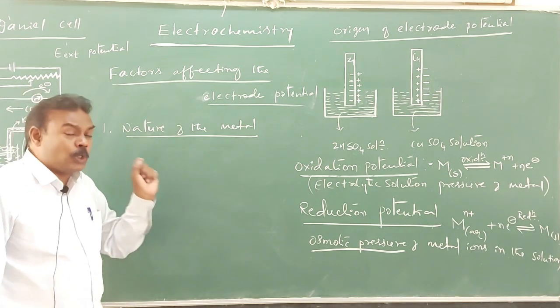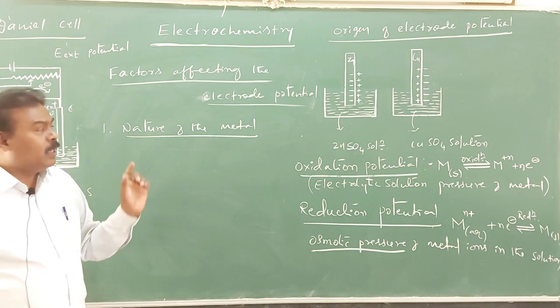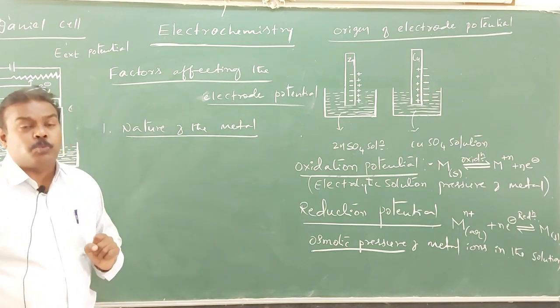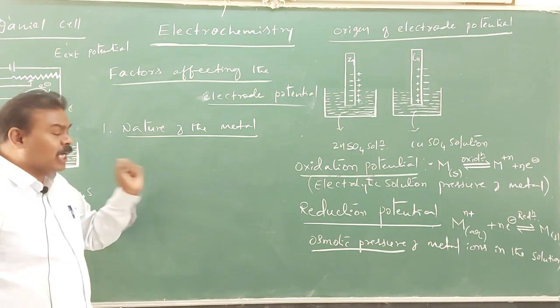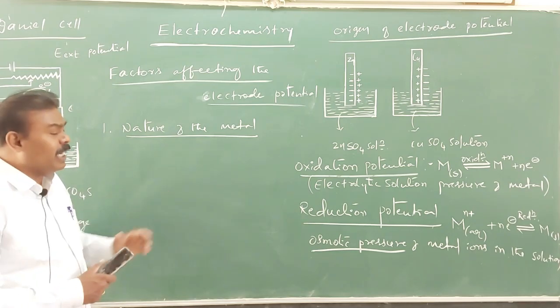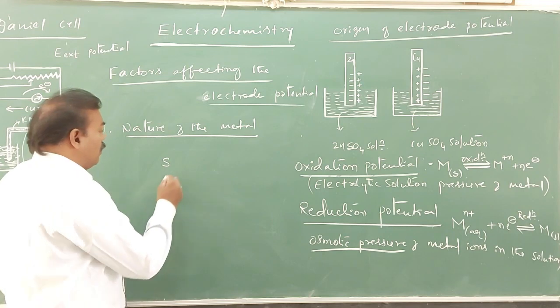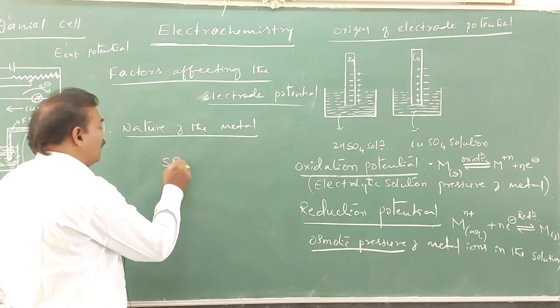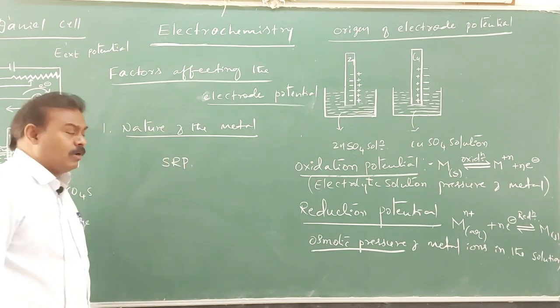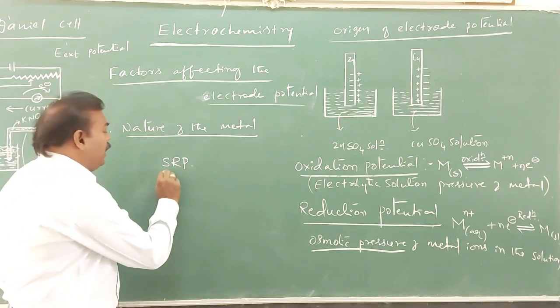Highly electropositive metals have negative electrode potential values. Electrode potential is mainly expressed in terms of SRP, the standard reduction potential.